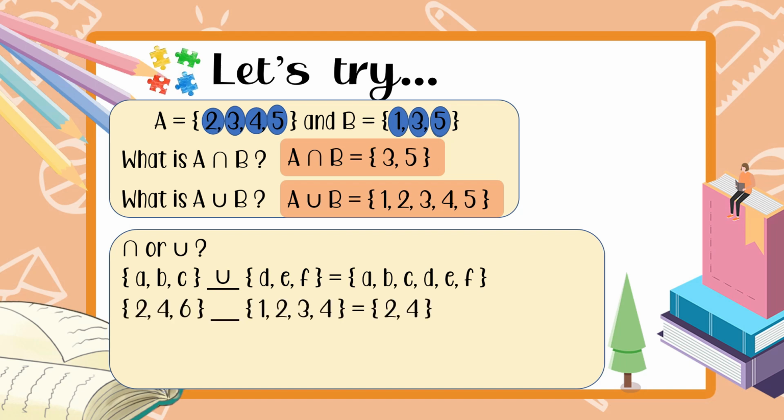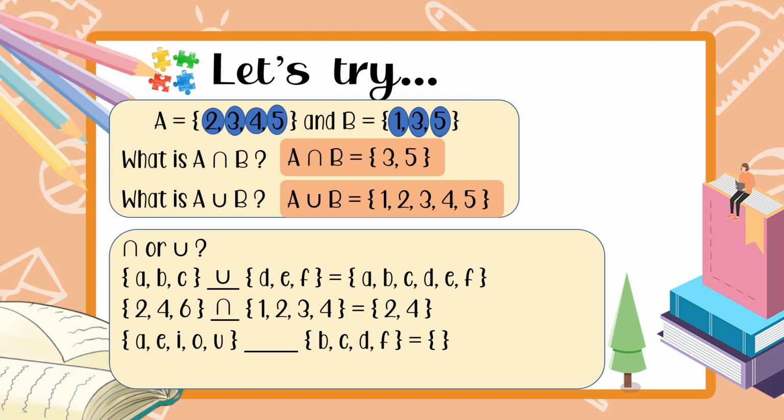How about 2, 4, 6, blank, 1, 2, 3, 4, and then the result we have 2, 4. Is that intersection or union? Okay, ang natira lang din sa kabila is the common element or common elements. So that is an intersection.